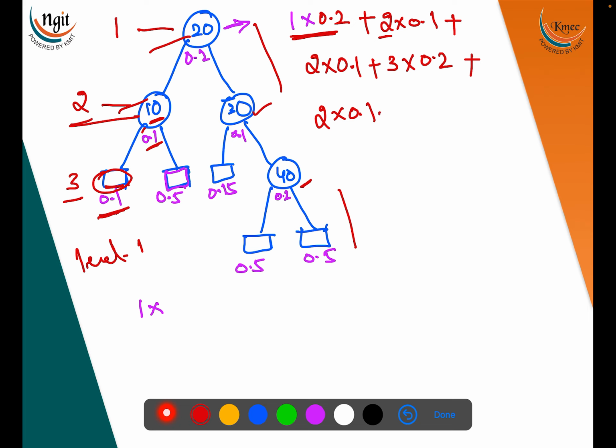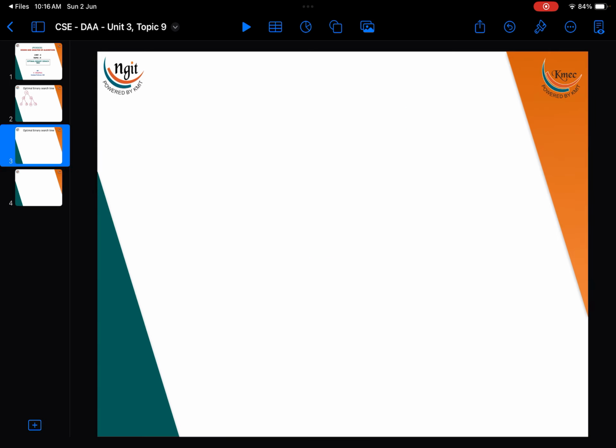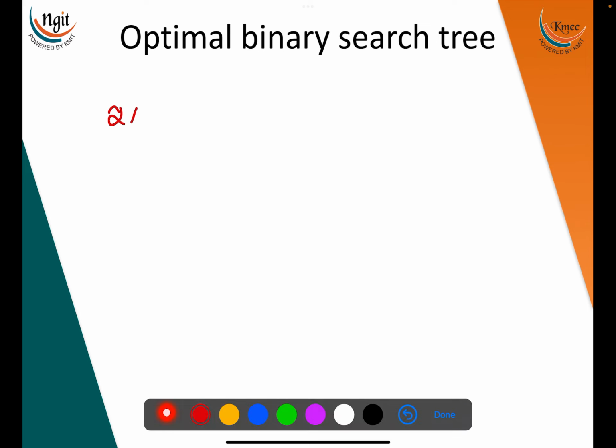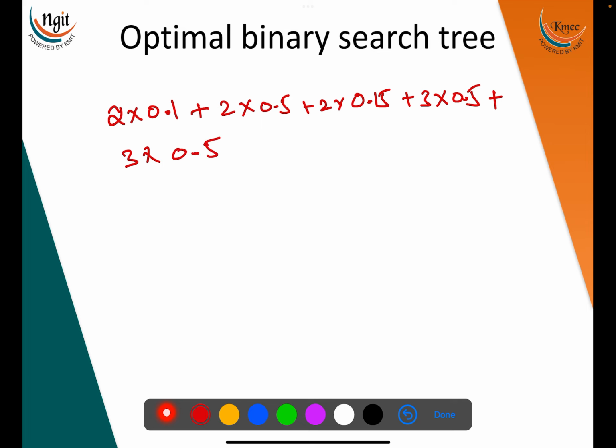2 into 0.1 plus 2 into 0.5 plus 2 into 0.15 plus 3 into 0.5 plus 3 into 0.5.